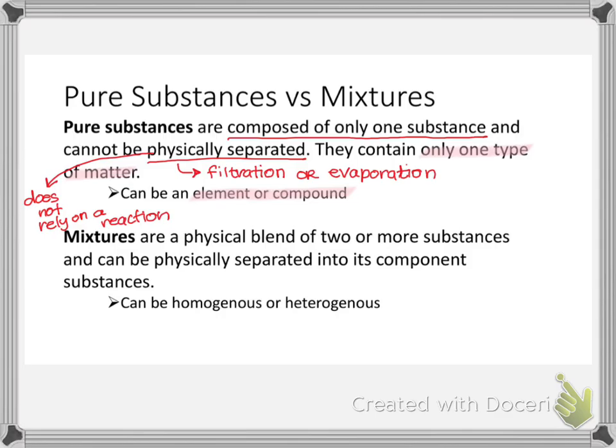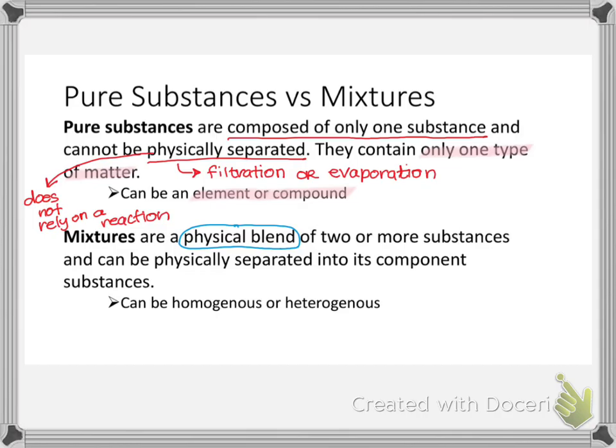Now, mixtures are exactly what you would think they would be. We don't redefine mixture for chemistry. So this is a physical blend, which is just implying that there's not a reaction. Sometimes you put chemicals together and they react. That's not a mixture. In a mixture, you put chemicals together and they sit side by side.